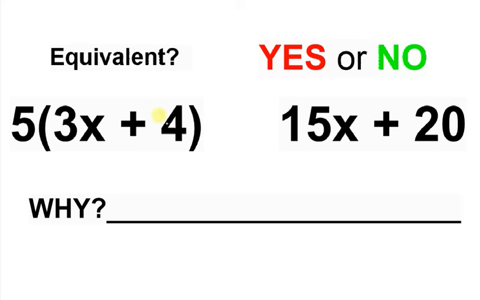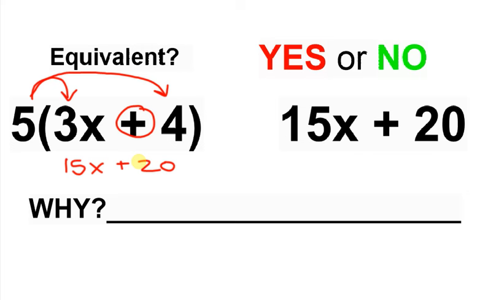So this one right here, first off, you should be able to do the distributive property. 5 times 3x is 15x. Bring down your operation, plus, and 5 times 4 is 20. 15x + 20, 15x + 20.